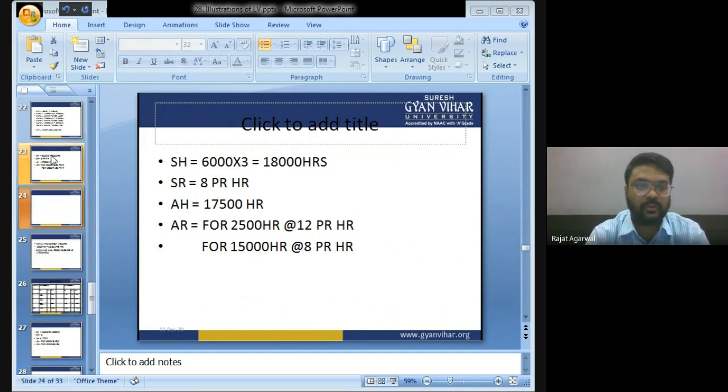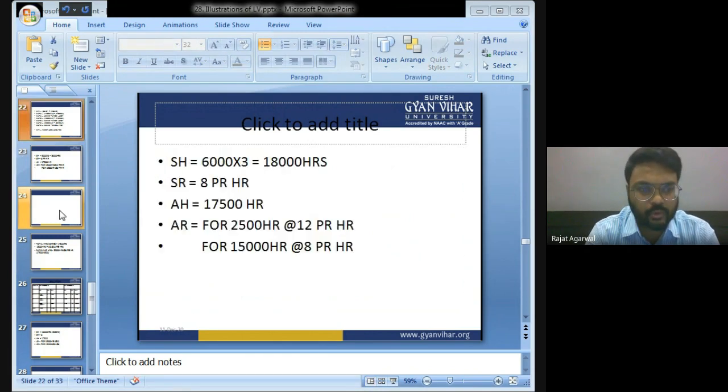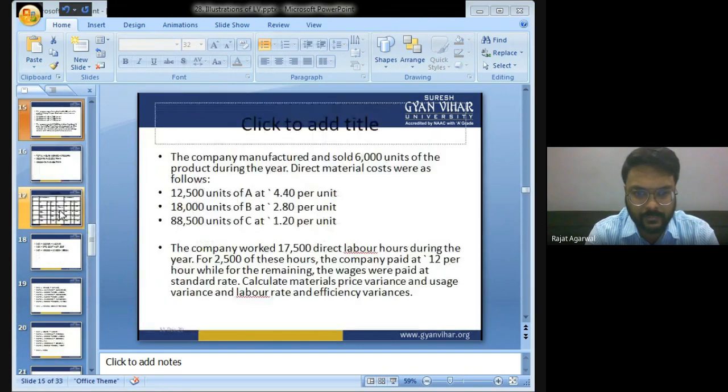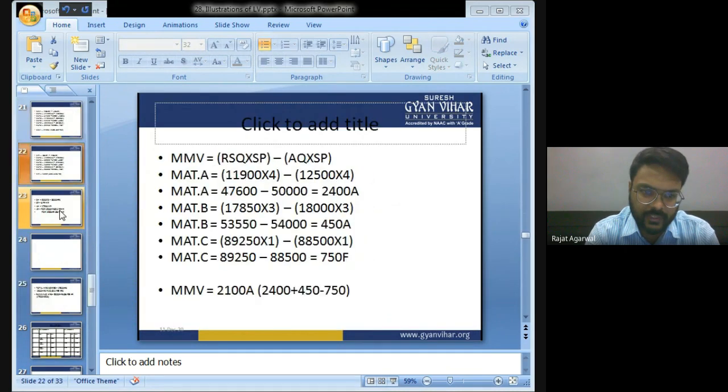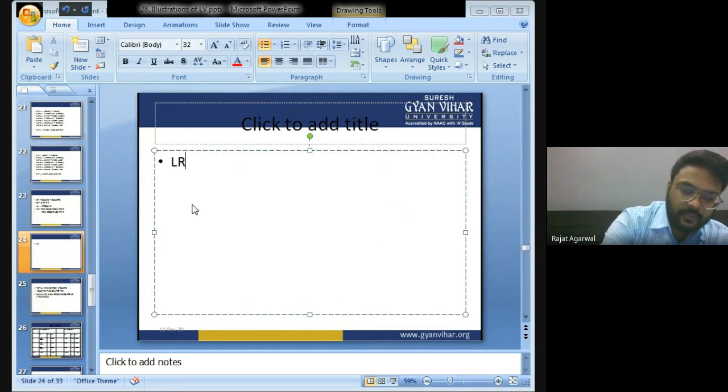Let us calculate now. What question is asked to calculate? Let me check. Labor rate and labor efficiency variance. Okay. Labor rate variance.